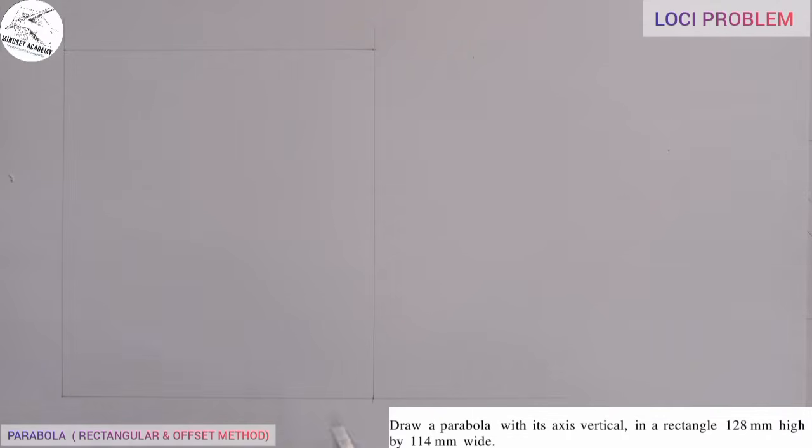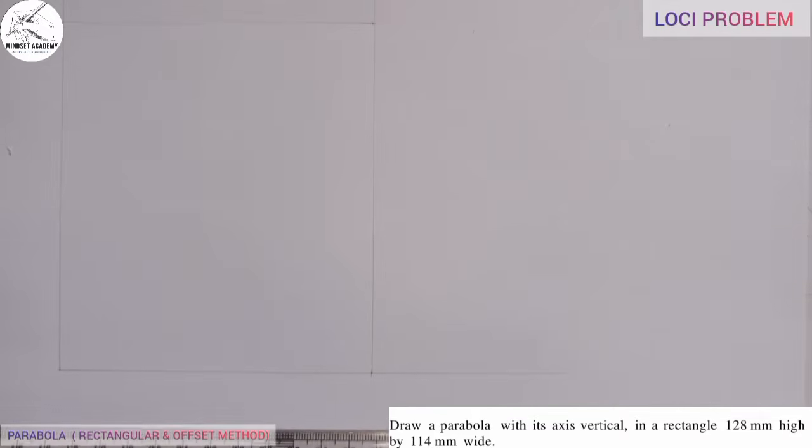Now, if from here to here is 114, and you divide 114 by 8, it will give you a decimal, right? So I'm going to use my line division method and do the needful.